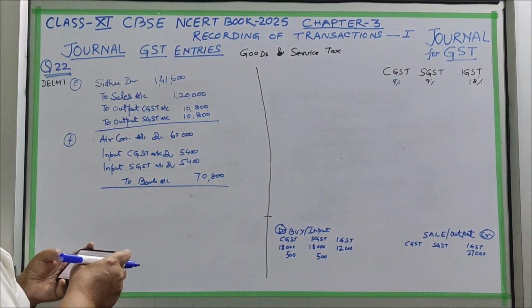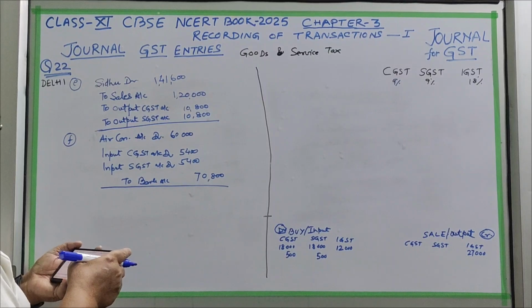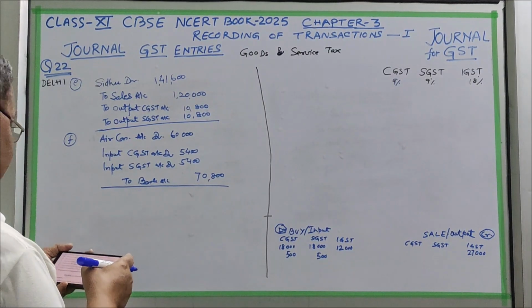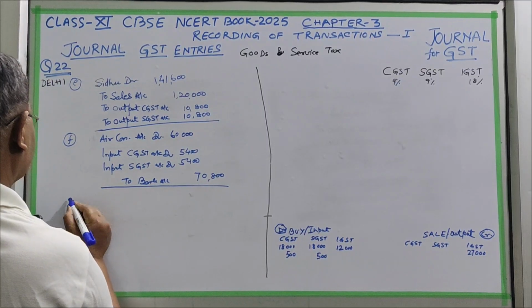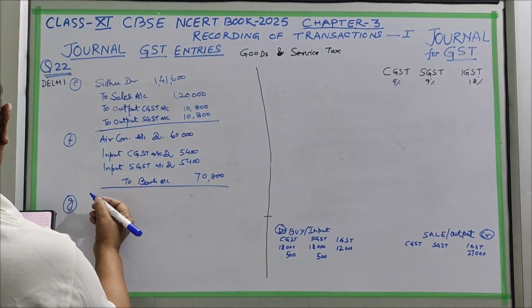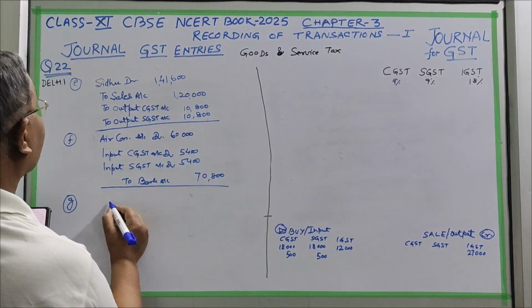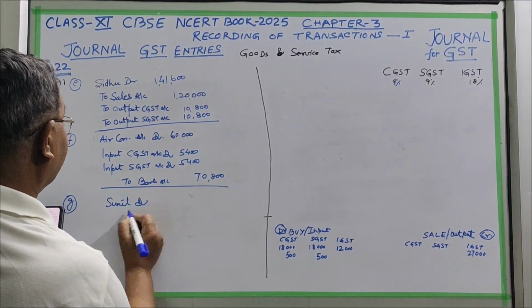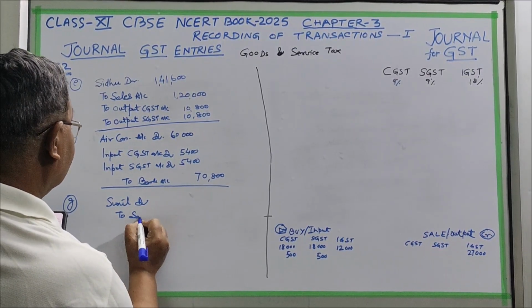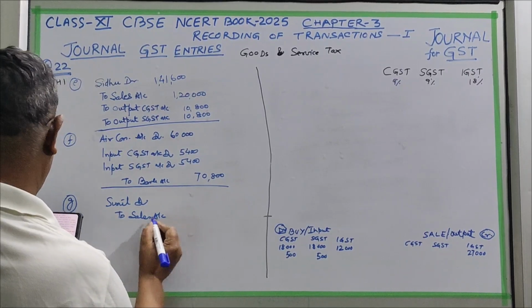Sold goods of 1 lakh 50,000 to Uttar Pradesh, so it is interstate. Sunil debit, to sales account, Uttar Pradesh.